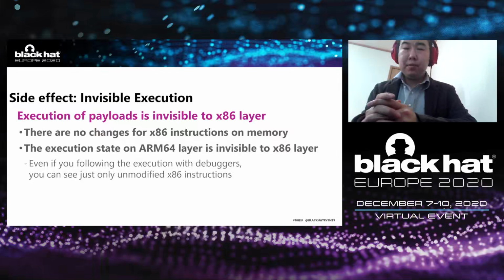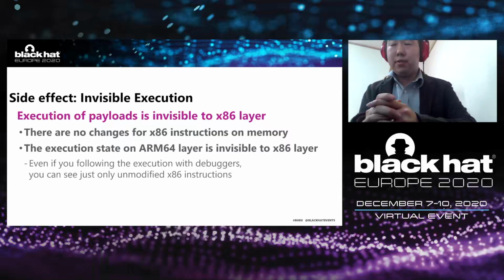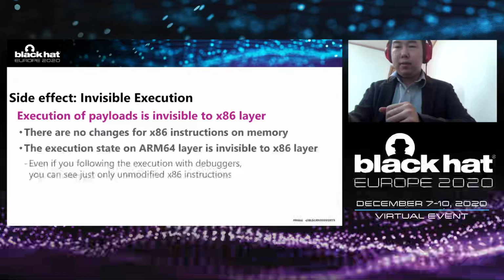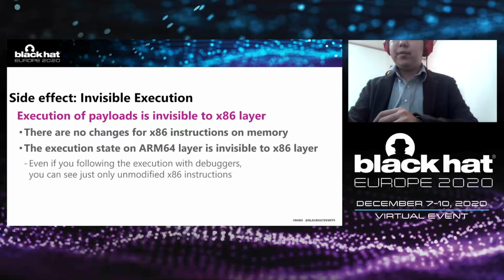So even if you follow the execution with a debugger step by step, you can see just the execution of unmodified x86 instructions. So the execution of a payload is invisible. We call that invisible execution.